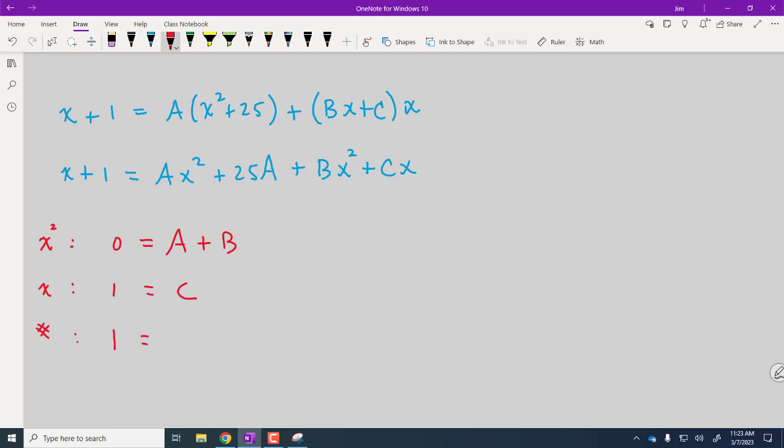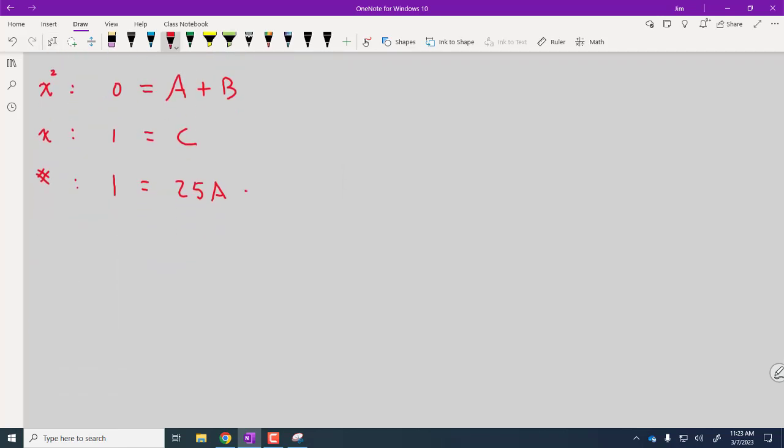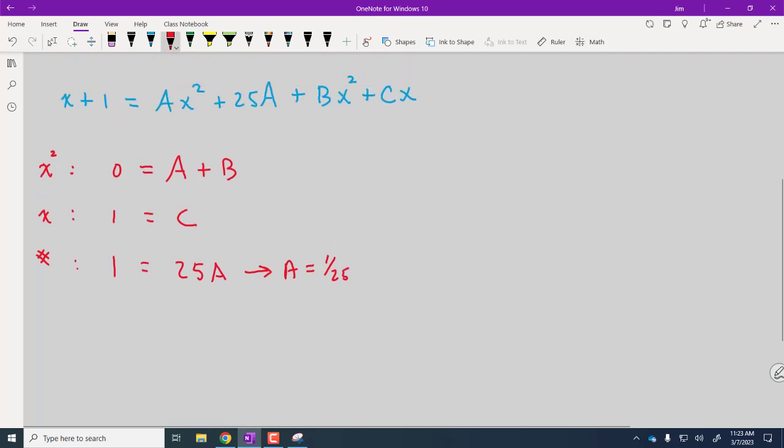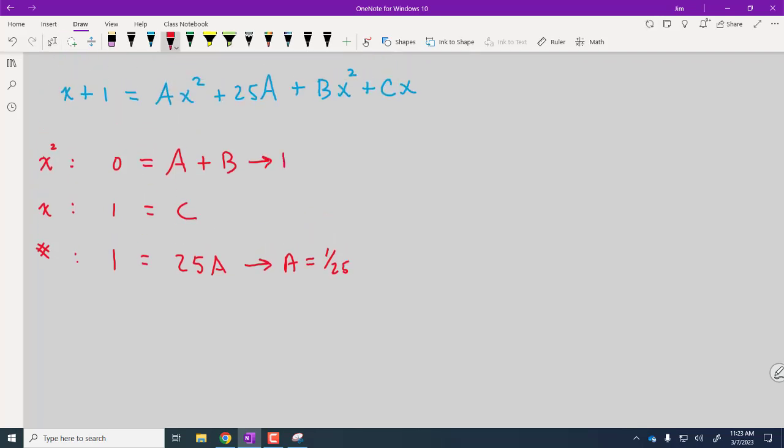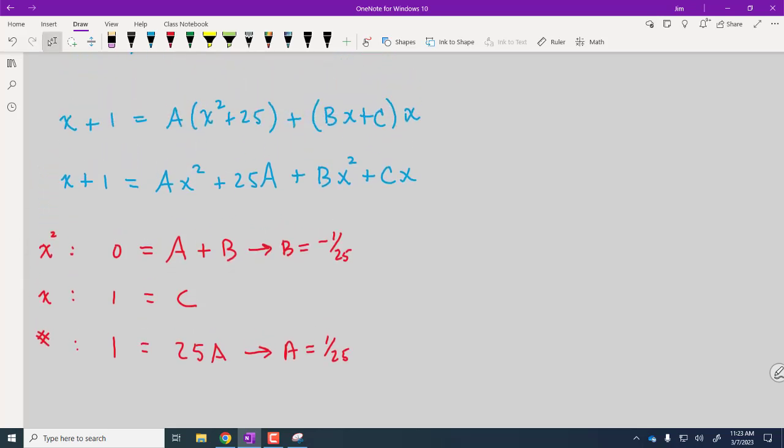Constant on the right? 25a. So there is our system. We already have C solved for, so that's a pretty easy system. So A will be 1 over 25, which will make B negative 1 over 25, because A plus B has to be 0. Any questions on that part?